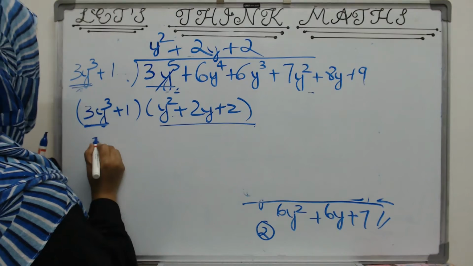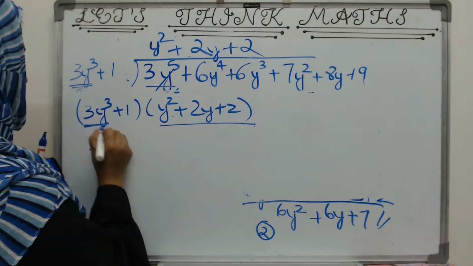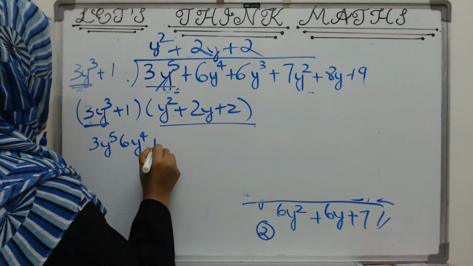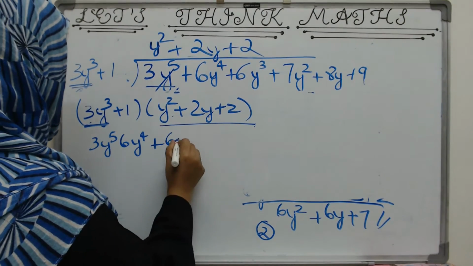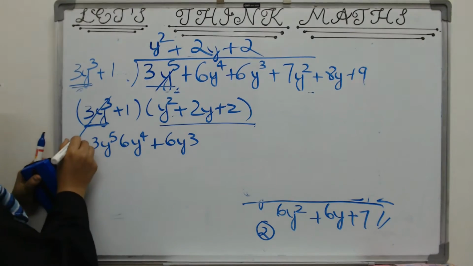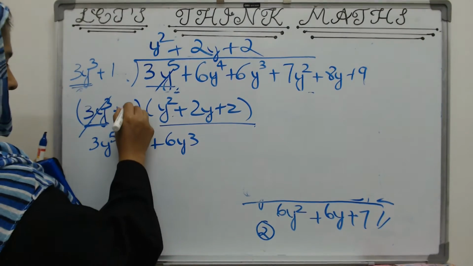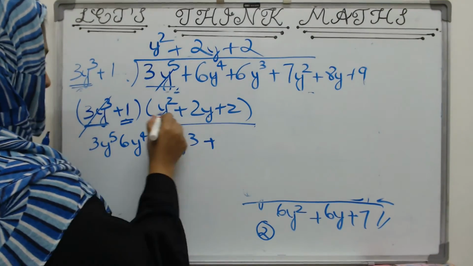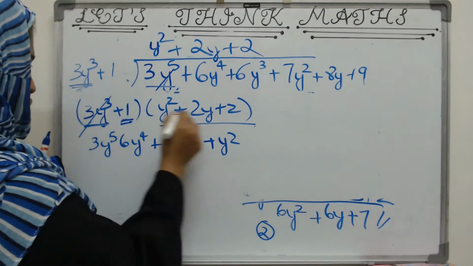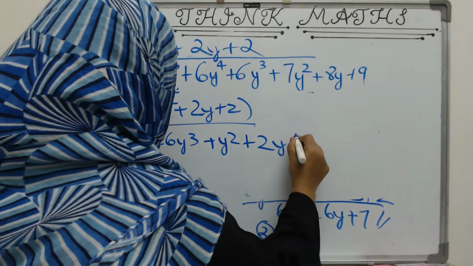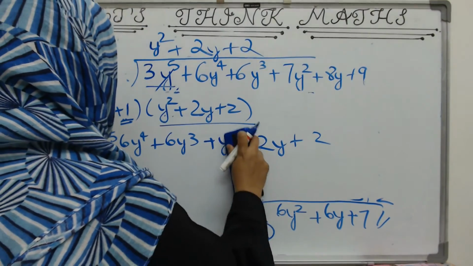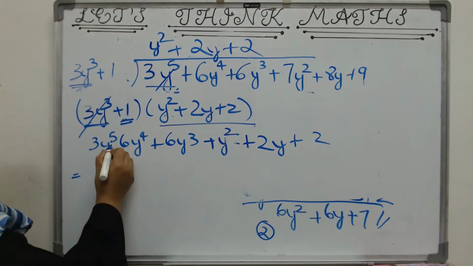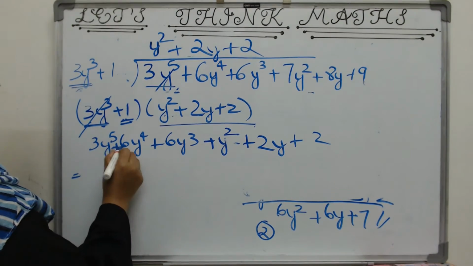So that would be 3y raised to 5 plus 6y raised to 4 plus 6y cube. This one is completely done. Now take the second term, multiply each term by it. Y square, 2y plus 2. This is y square. Oh, I've left out the plus sign here. Okay.